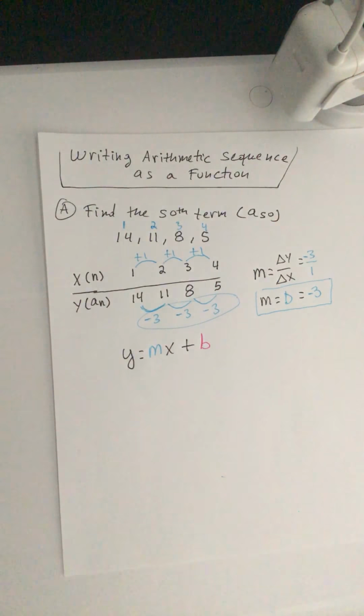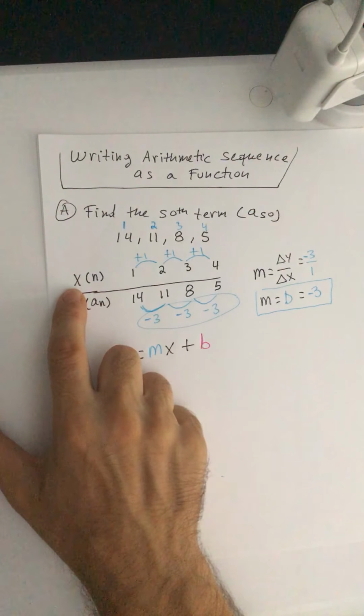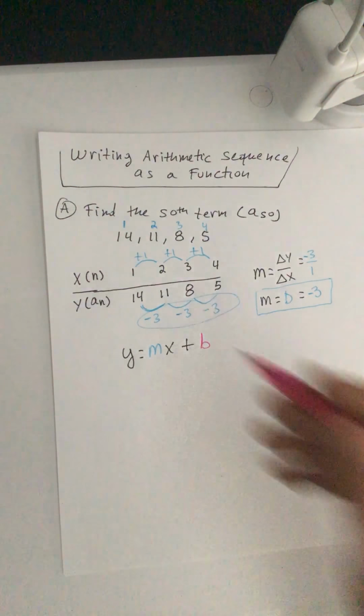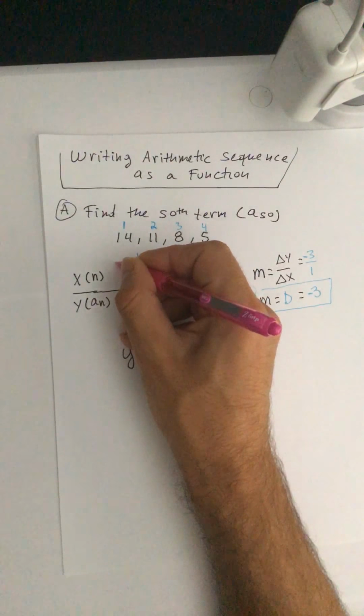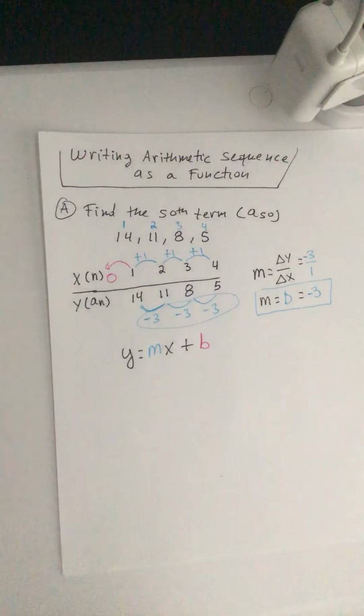I need my y-intercept. How do I find out the y-intercept? If you remember from the previous chapter, the y-intercept is when x equals 0. If we go backwards, the position before 1 is going to be 0, right?